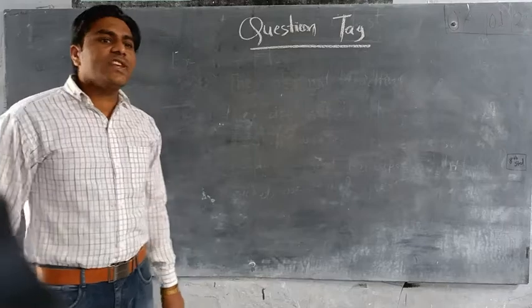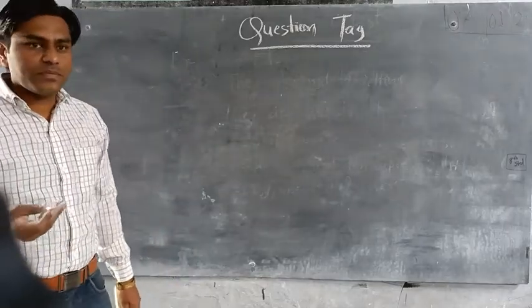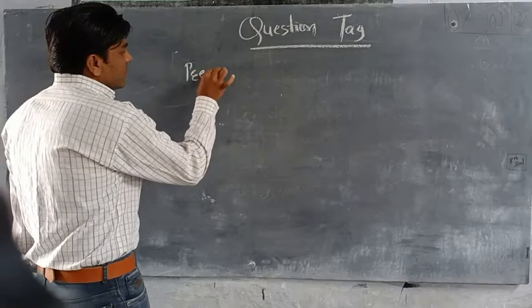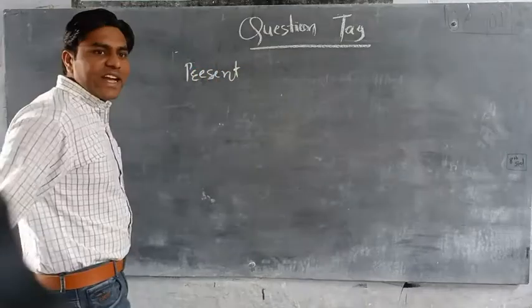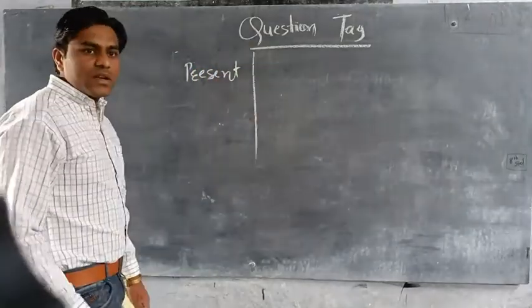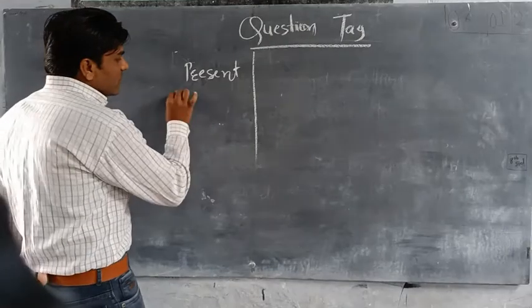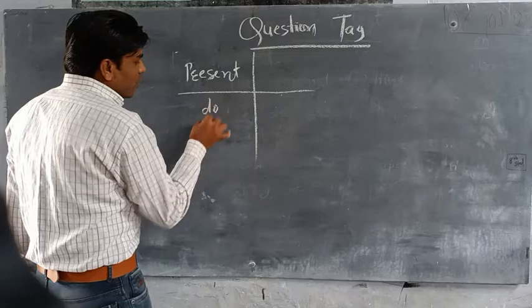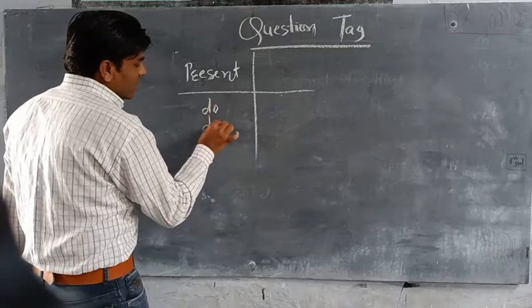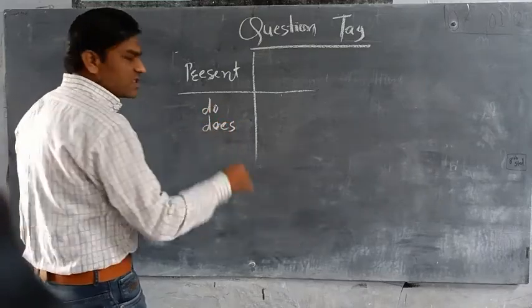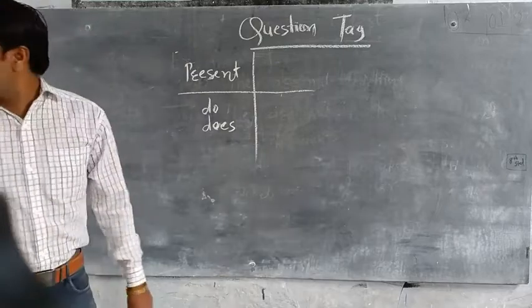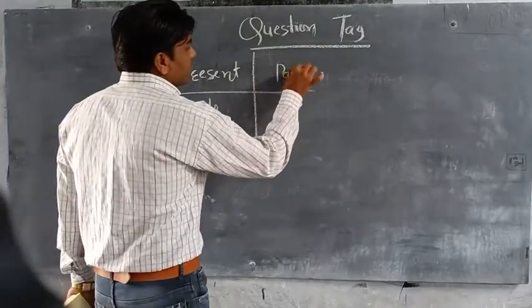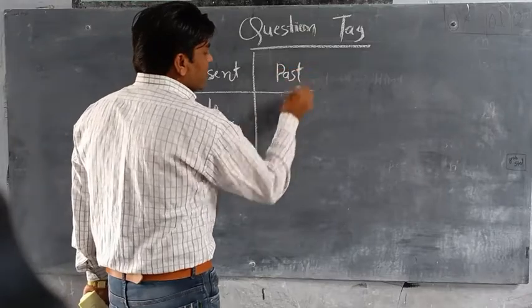Is there any problem about do forms? Let's see how we can use the do form. In present tense, it is do and does. In past tense, it is did.